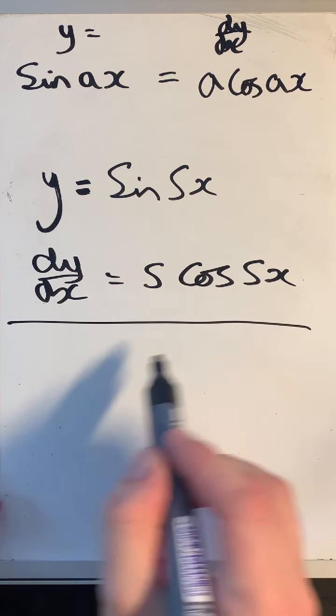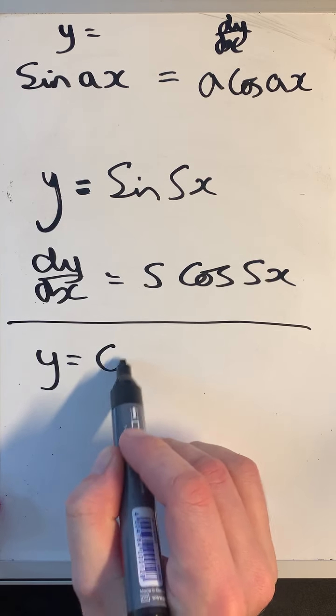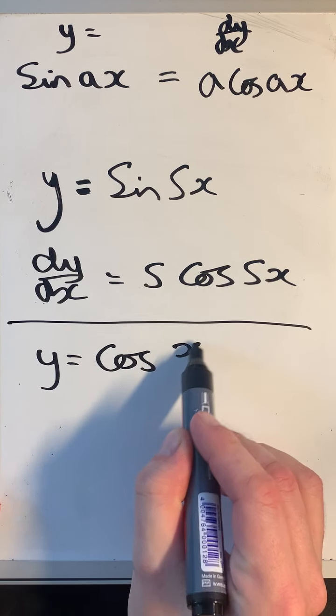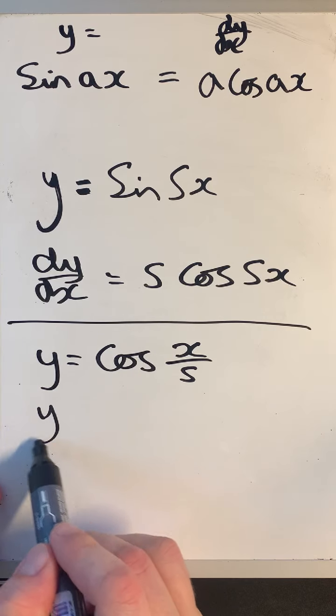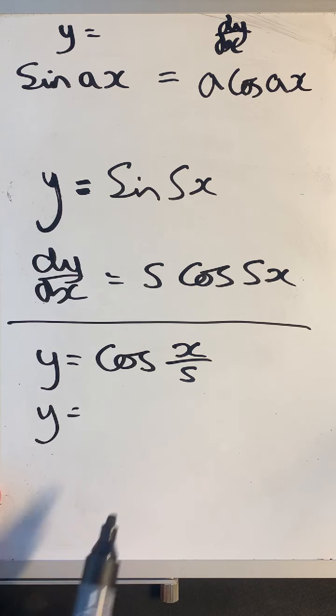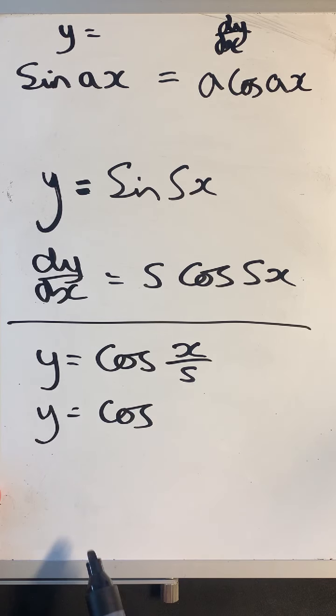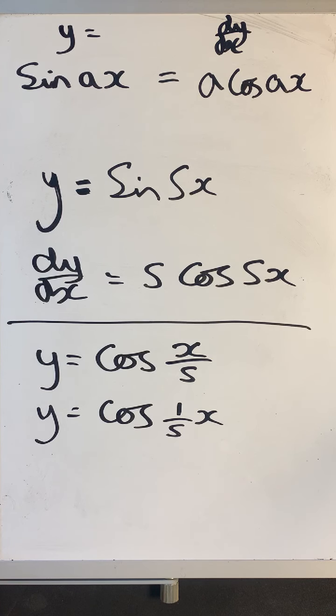We've got to be careful if we start to involve fractions. For example, the derivative of cos of x over 5. We can write this in the form I just rubbed off the board as cos of a fifth x, since a fifth x is the same as x over 5.